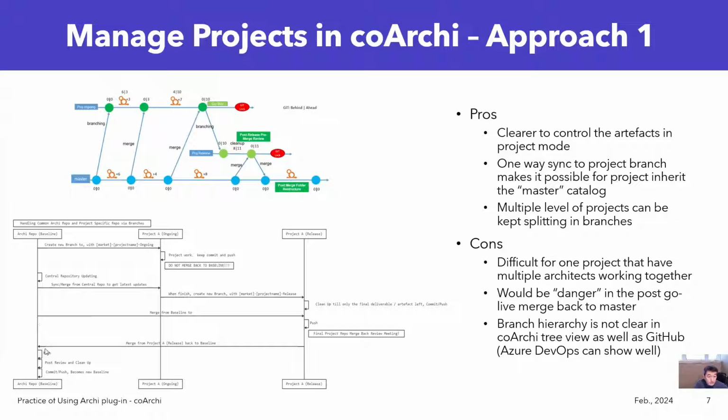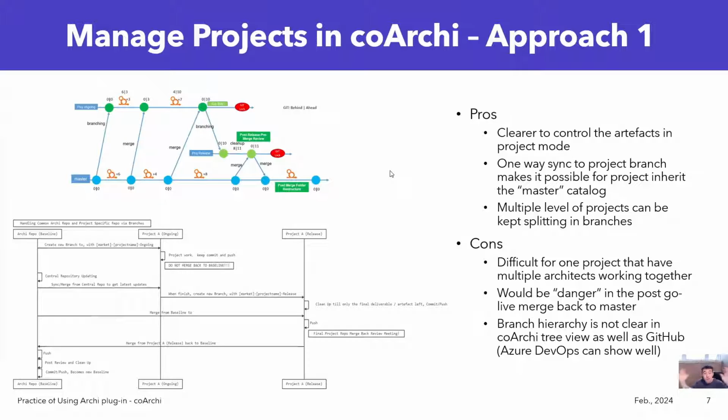After this merge back, following the push, commit, and publish, it's your project architect who decides whether the project A ongoing branch and project A release branch need to be kept, or whether there's nothing valuable and you can delete them. But normally we keep those as future reference, so we don't simply delete them.